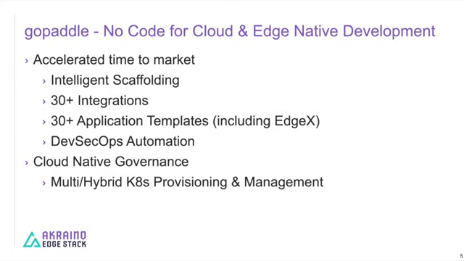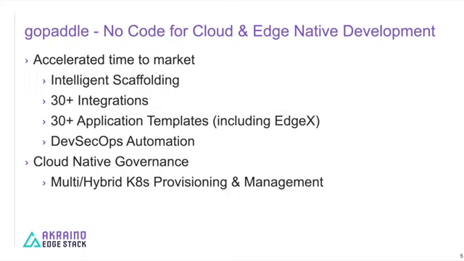GoPaddle also has a marketplace with around 30 plus application templates, including EdgeX. By subscribing to these templates, developers can bring up a complete stack in a few minutes. It also focuses on DevSecOps automation, giving all the guardrails to build highly secure applications right from day one.